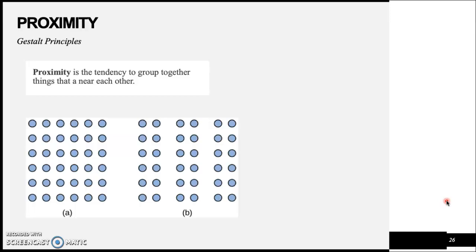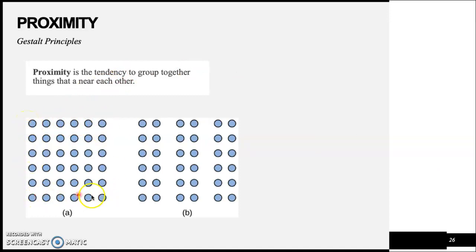All right, proximity. I'm sure you can take a guess. Proximity, particularly at the moment, you know you have to keep a large proximity of people, is to do with distance, how far away things are from one another. So when it comes to Gestalt principles, proximity is the tendency to group together things that are near each other. So here in A, you see these as a block of one thing.